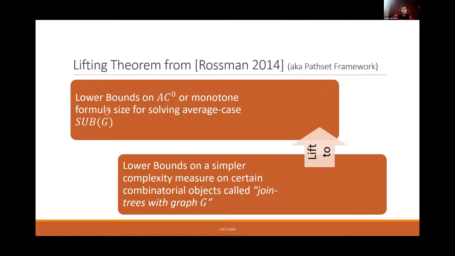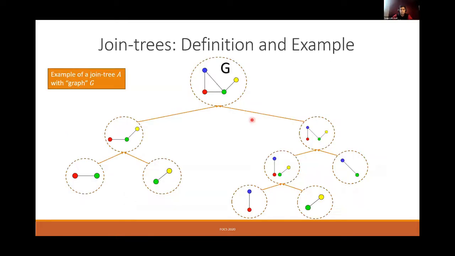In order to prove restricted formula lower bounds for average case sub G, you convert formulas into these combinatorial objects that we call joint trees with graph G. Then you prove lower bounds on a certain simpler complexity measure defined on these joint trees. And then this lifting theorem tells us that these simpler complexity lower bounds lift to the formula lower bounds for solving sub G.